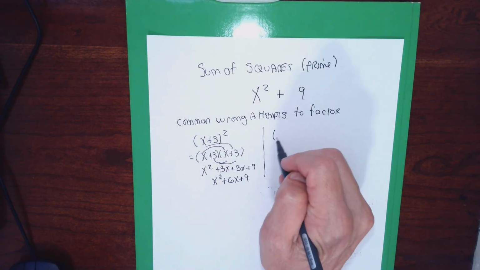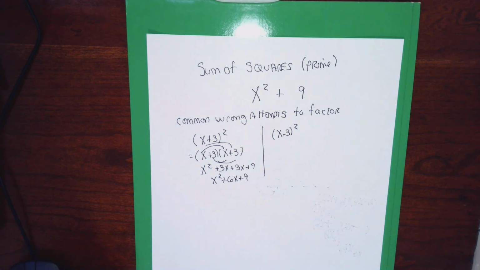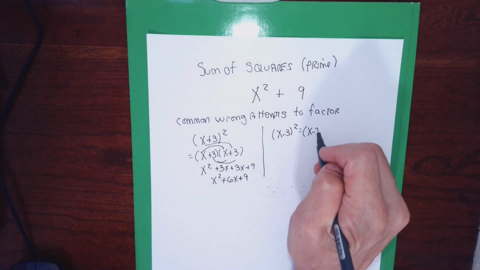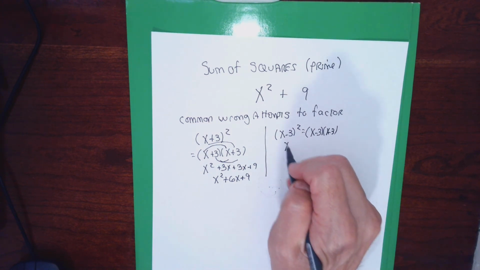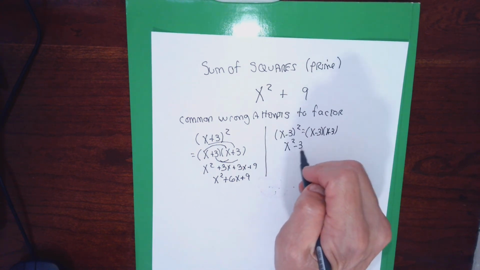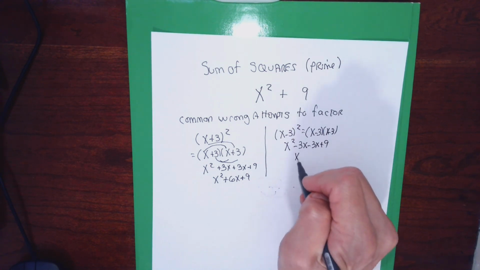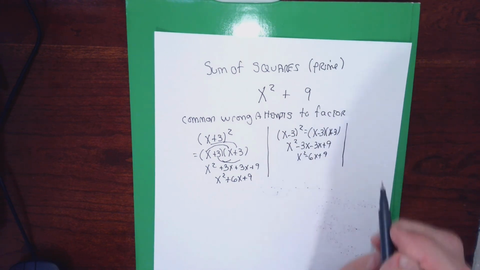It has that extra 6x. Similarly, sometimes students will try to be sneaky and say x squared plus 9, which is prime, factors into this. But if I multiply this out, firsts are x squared, outers are minus 3x, inners are plus 3x, lasts are minus 9.